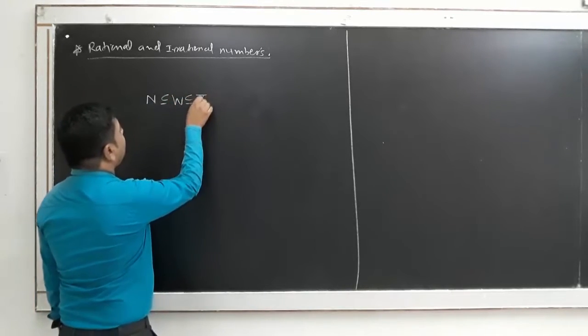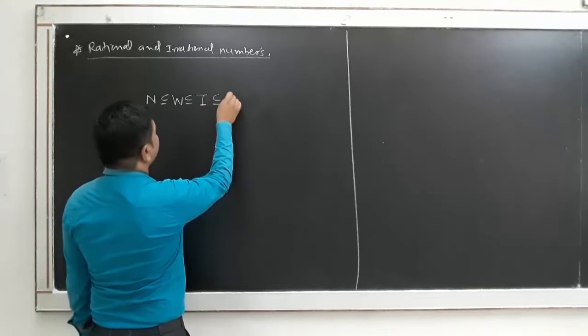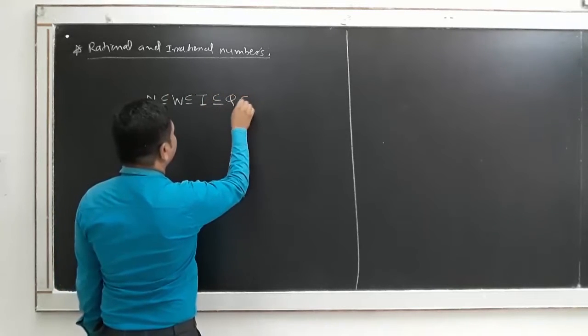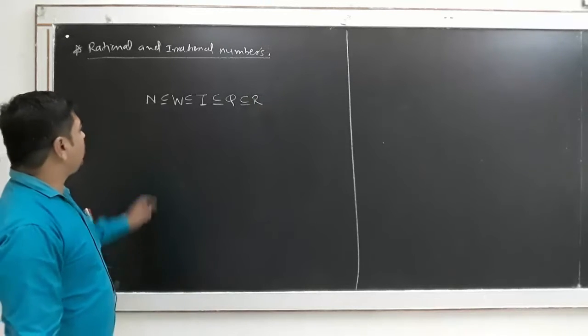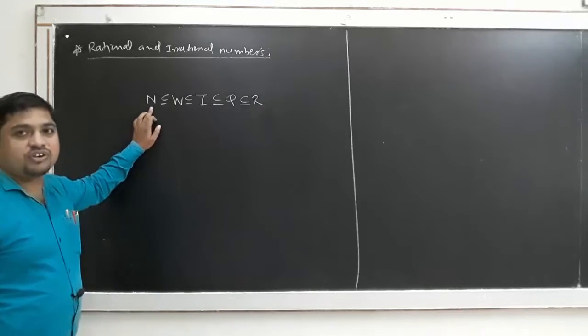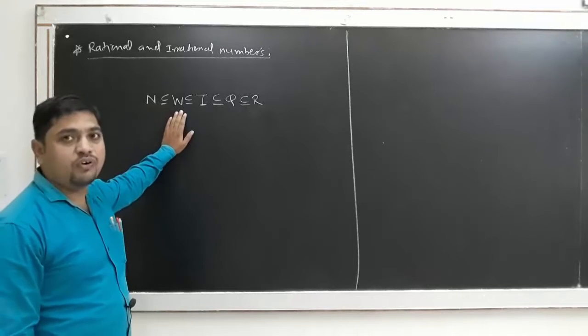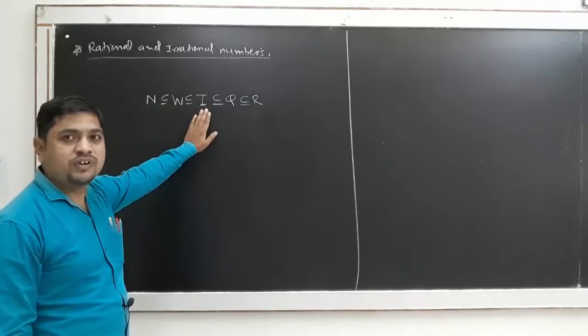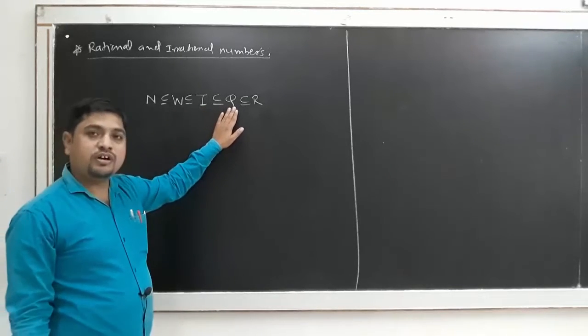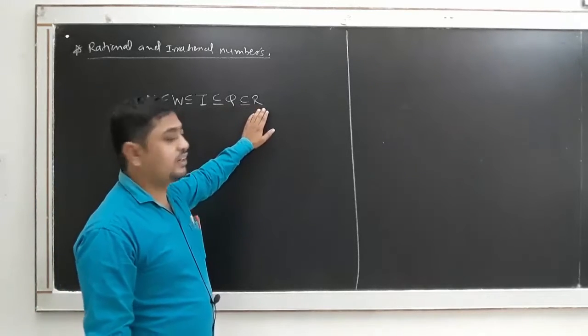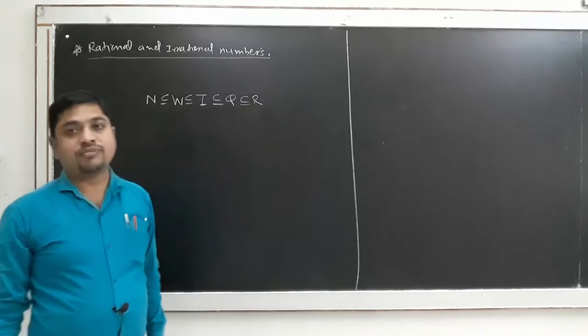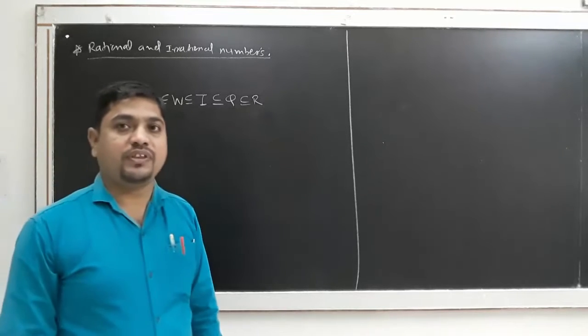It is I or Z. It is a subset of Q, and it is a subset of R. So you know this, that natural numbers are a subset of the set of whole numbers, which is a subset of the set of integers, which is a subset of rational numbers, and rational numbers are a subset of real numbers.